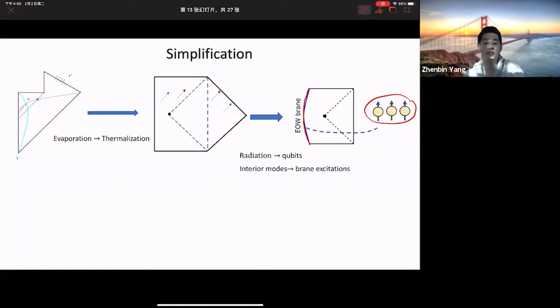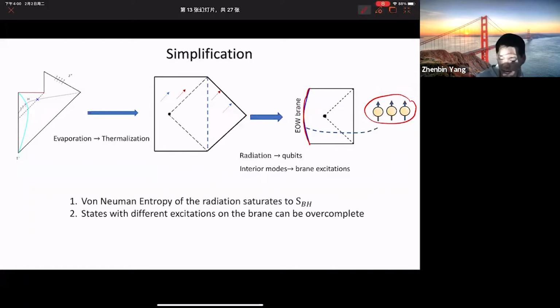That is just used to describe a single-sided black hole. The three statements I'm going to talk about in this model will be the following.